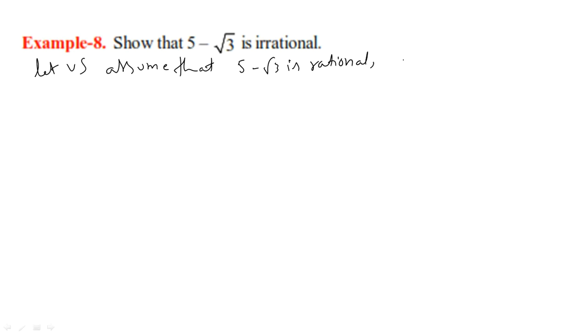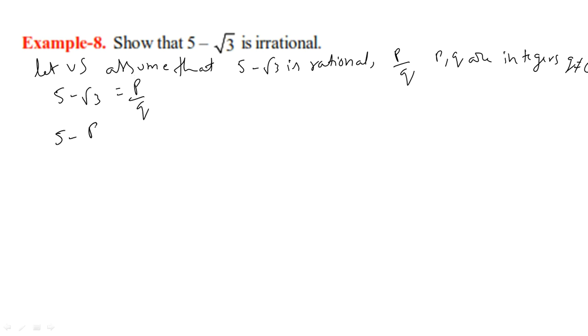For rational numbers, 5 minus root 3 should be equal to p by q, where p, q are integers and q should not be equal to 0. So 5 minus root 3 is equal to p by q. Now 5 minus p by q is equal to root 3.